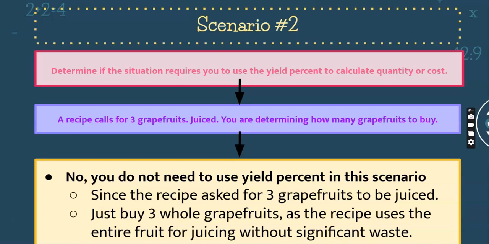A recipe calls for 3 grapefruits juiced. You're determining how many grapefruits to buy. In this case, no, you do not need to use yield percent. Since the recipe asks for 3 whole grapefruits to be juiced, you're just going to buy 3 grapefruits and juice them, and the trim does not matter because it's calling for a specific amount, 3 juiced grapefruits.